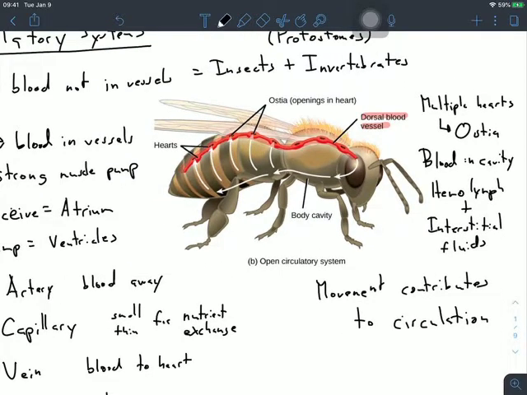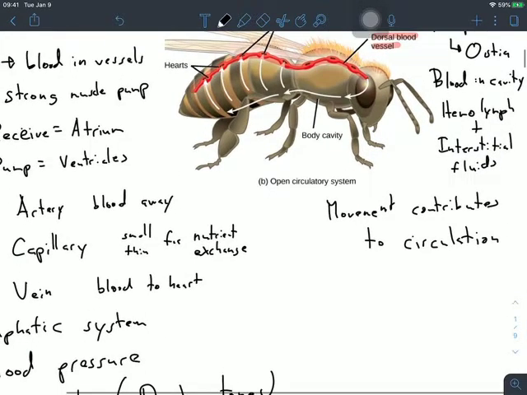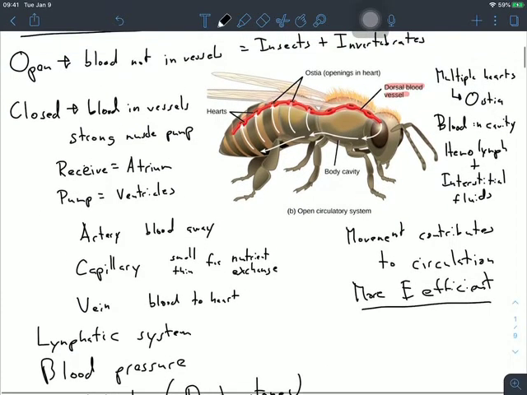Now, just like with the respiratory system, this open circulatory system is more energy efficient. So it's kind of important to address why insects would have to be more energy efficient, or why they would be, because of the era in which they evolved.